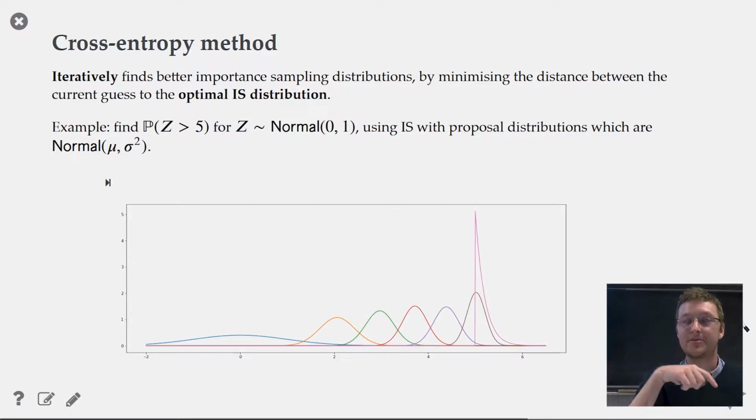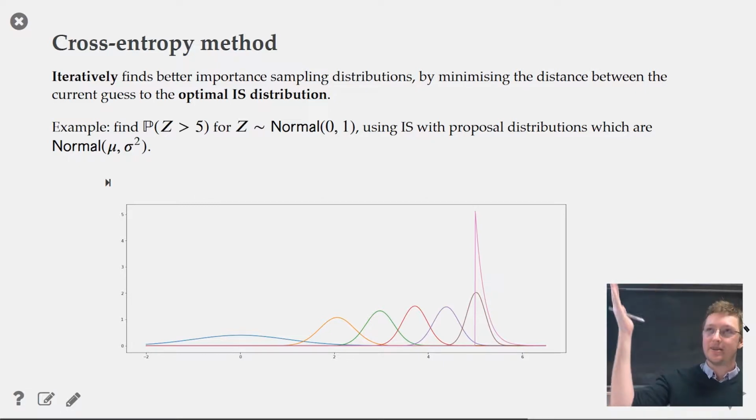So what I'll try by doing is explaining the method at an extremely high level, and then at slightly more detail, and then at the end get down to the boring mathematics that explains what's really going on. So the idea is to find an importance sampling distribution iteratively.